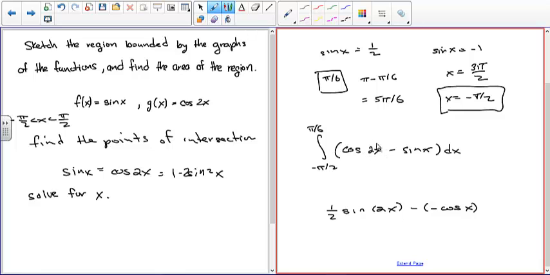When you integrate a trig function that has a constant multiplied by the variable, you divide by that constant when you integrate. And here, you just look that up. The integral of the sine is negative the cosine. Integral of the cosine is the sine. And then you evaluate that between negative pi over 2 and pi over 6.